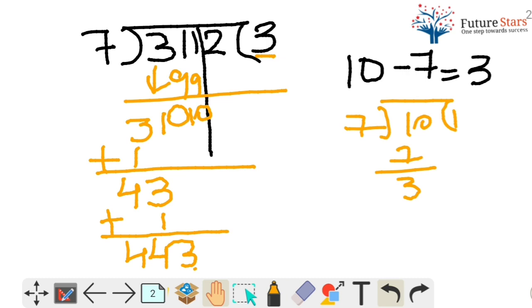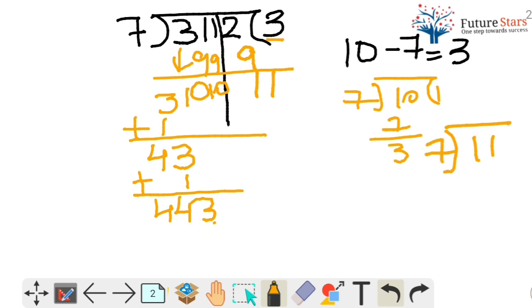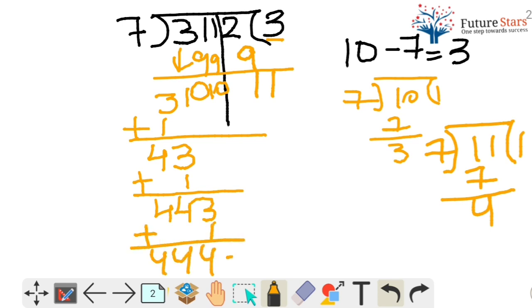Now 3 into 3 is again 9, so we will get 11. If you divide 11 further, you will get 1 as quotient and 4 as remainder. So add 1 to the previous number, and you will get 444 as quotient and your final remainder will be 4.